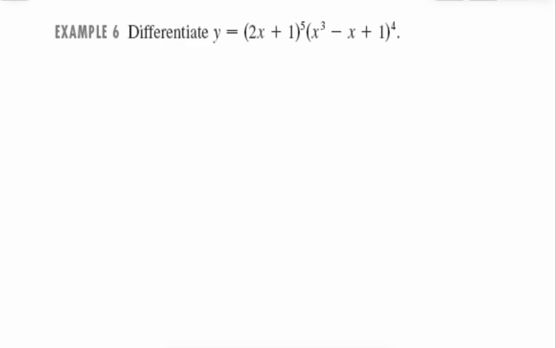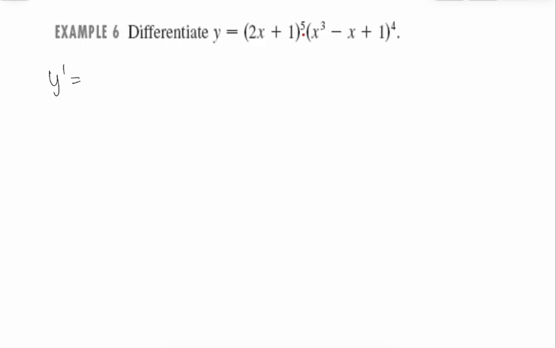Now, you will see that it is a product. So let's put a little dot there to remind us that we have to use the product rule. Both pieces are complicated because of the fact that we have an inside polynomial and an outside power. So let's do our derivative.